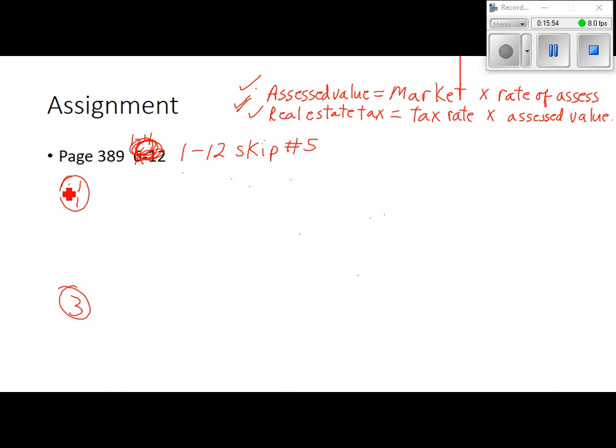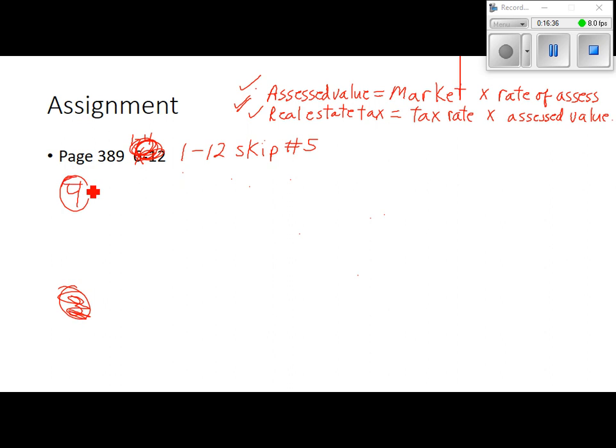Number 4, Peter and Kay pay annual real estate taxes of $3,270. The tax rate in their tax district is 62 mills, and the rate of assessment is 54%. What is the market value of the property? So this one, they're working backwards. And I'll tell you what, we're going to skip number 4 too.